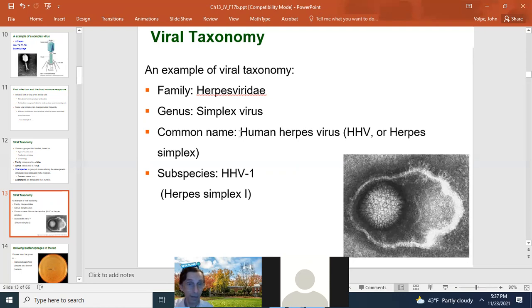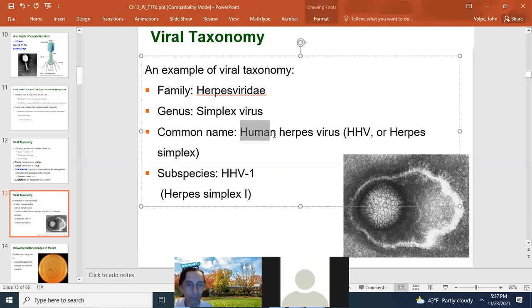This new name, human herpes virus, is not taking hold, but it's been around now for 20 years, and people are still calling it the simplex virus, including clinicians. The subspecies would be human herpes virus 1 or simplex virus type 1, herpes simplex type 1. And this is the virus that causes cold sores. Okay, any question about that?